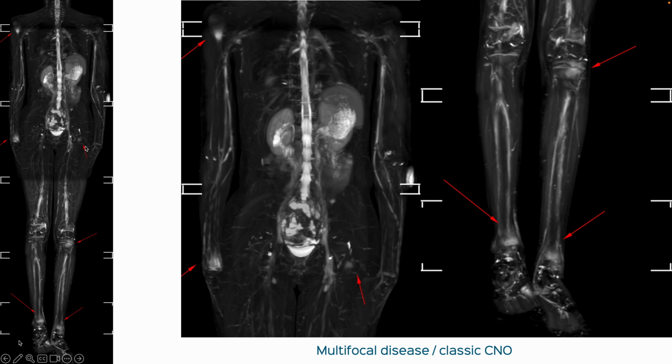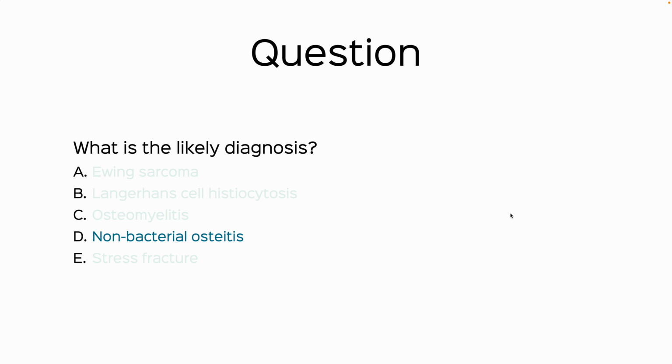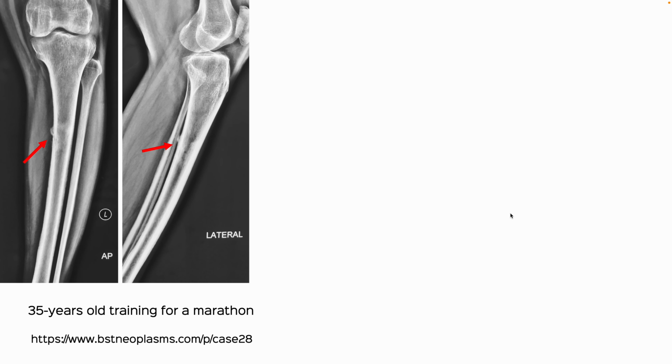And you can see all of these multifocal lesions everywhere, which tells us that this is chronic non-bacterial osteitis. Patient was put on pamidronate, and most of these lesions had regressed after a year. And I've discussed this in great detail with other cases as case 16. So that was chronic non-bacterial osteitis.